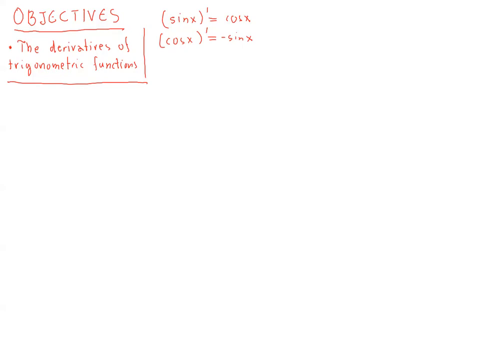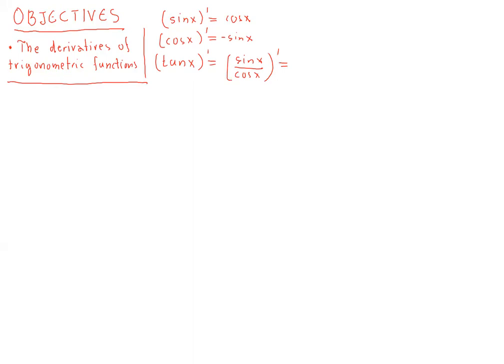From these two, one could find the derivatives of the other four trigonometric functions. So just to show one of them, how would we find the derivative of tangent? Well, the derivative of tangent would be the derivative of sine over cosine. And we can apply our quotient rule.